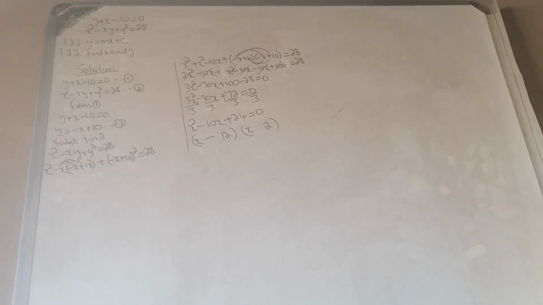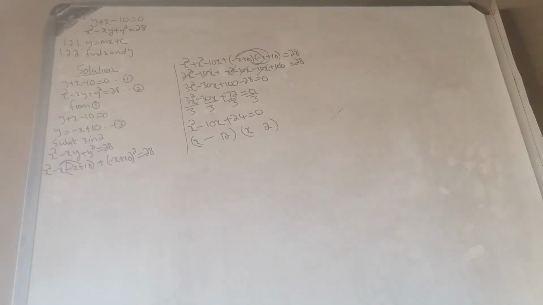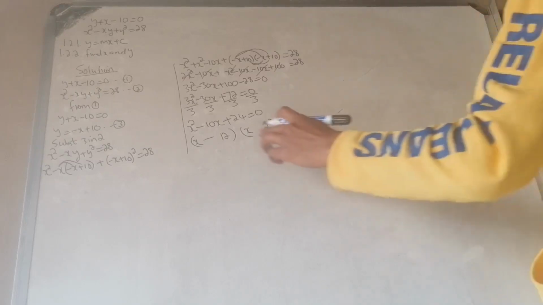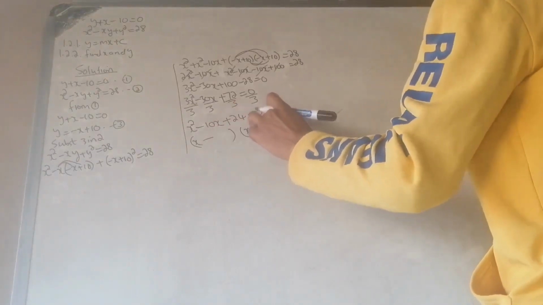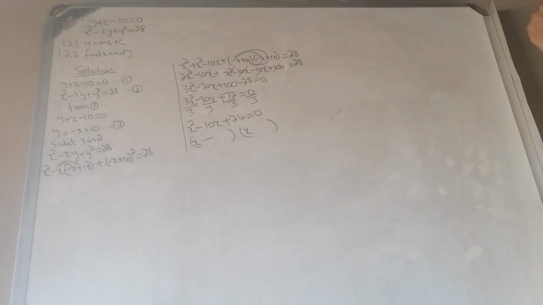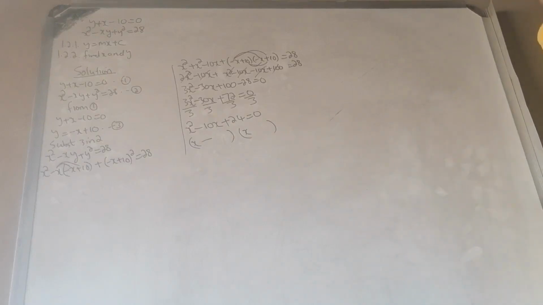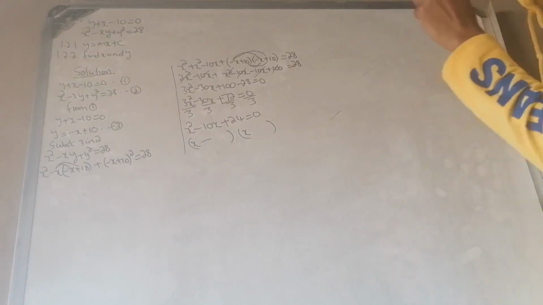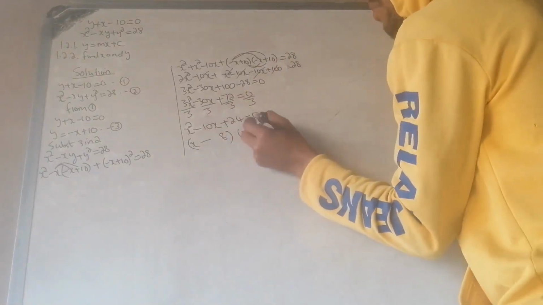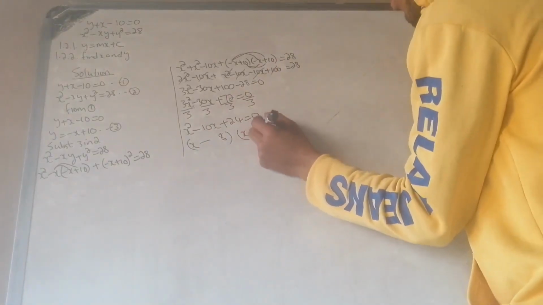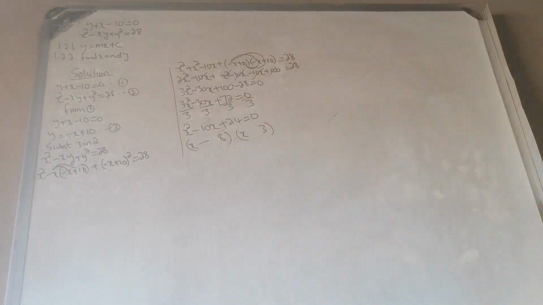Let's try to find other numbers. 24 equals 2 to the power 3, which is 8 times 3. 8 and 3 cannot give you 10.